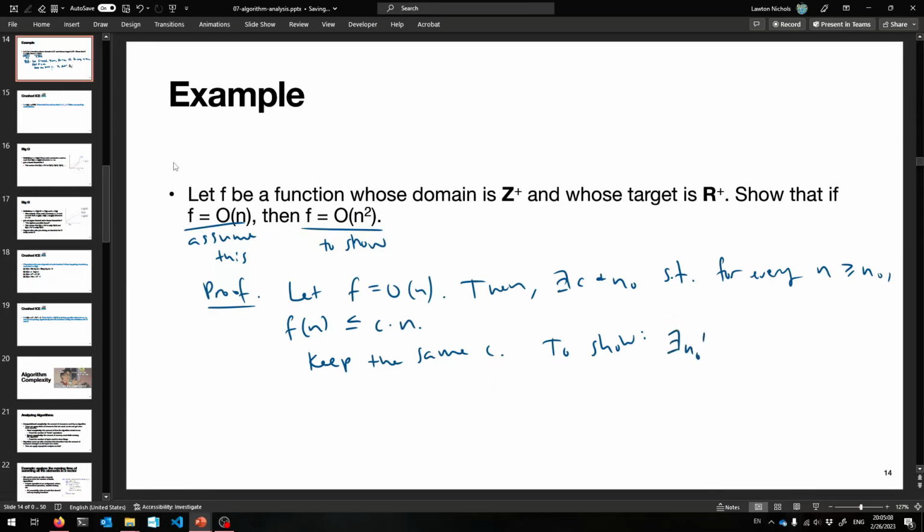We need to show that there exists some n naught prime such that f of n is bounded above by c times g of n this time, which is going to be n squared, c times n squared, and this is for all n greater than or equal to this n naught prime that we're picking.